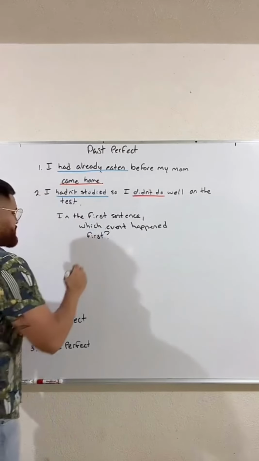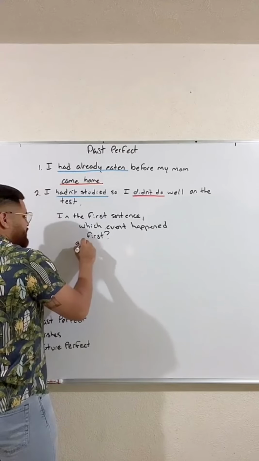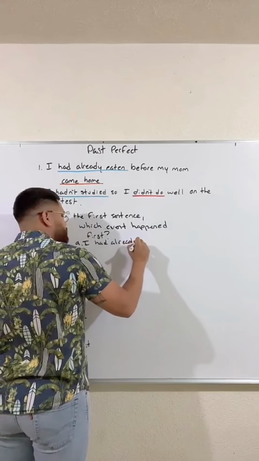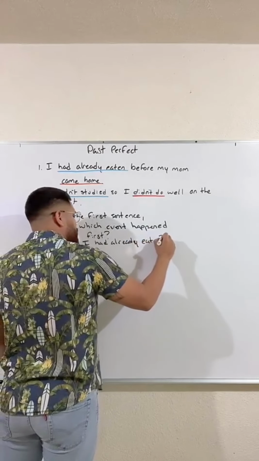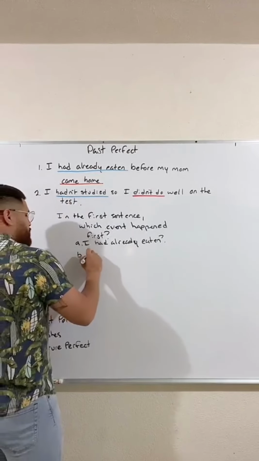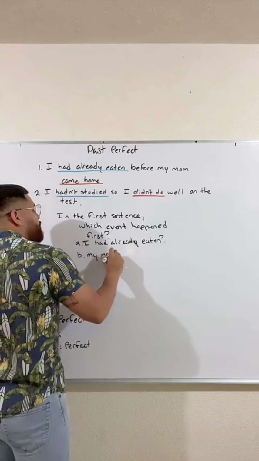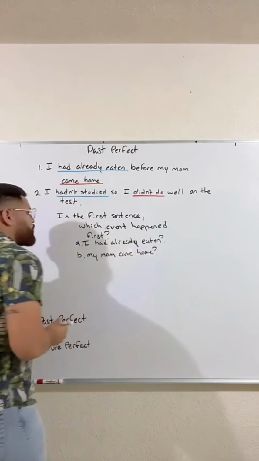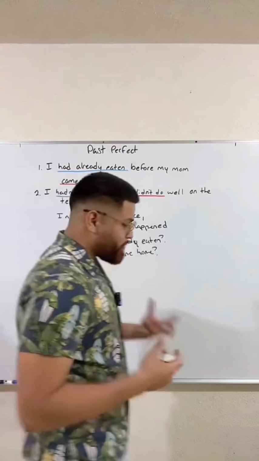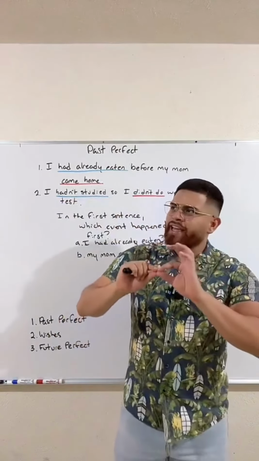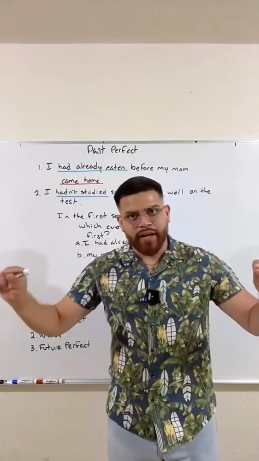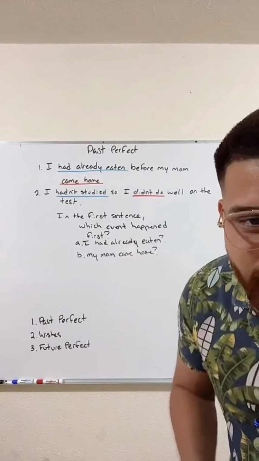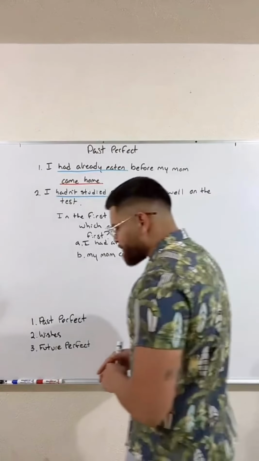A, I had already eaten. Or B, my mom came home. If we take these events and put them on a chronological line, which of them happened first? Very good. I had already eaten is the first event.